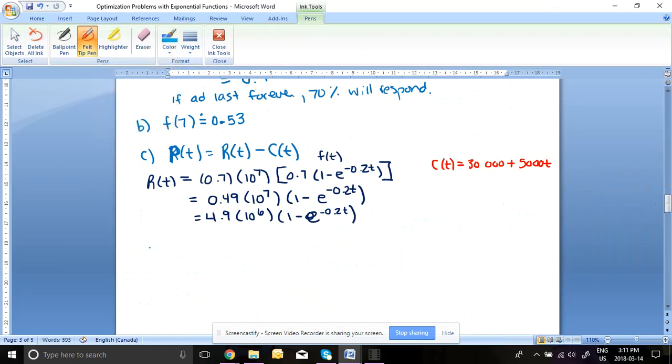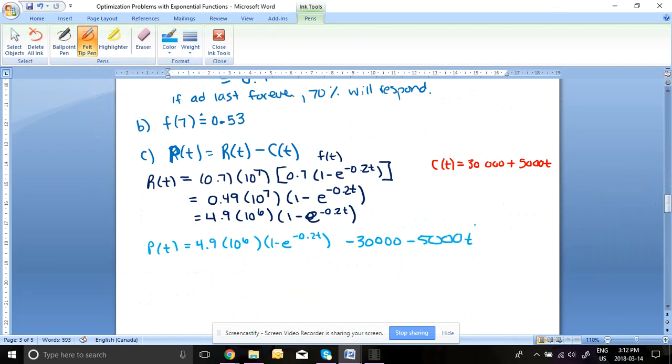So let's put it together into a profit function. So P at t equals 4.9 times 10 to the 6 times 1 minus e to the negative 0.2 t, and then subtract 30,000 and also subtract 5,000 t.